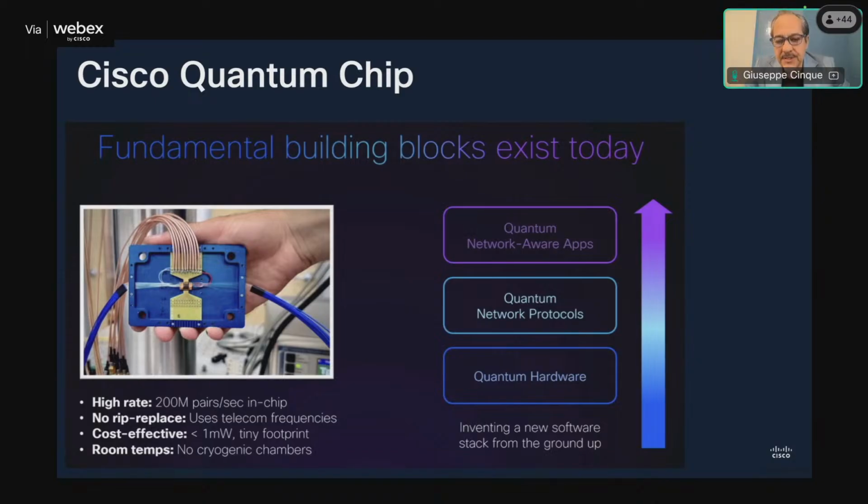Why is this important? I was mentioning last time, for example, that Cisco has created a quantum chip that is able to produce 200 million entangled photon pairs. So it generates entangled photons that can be sent in pairs.